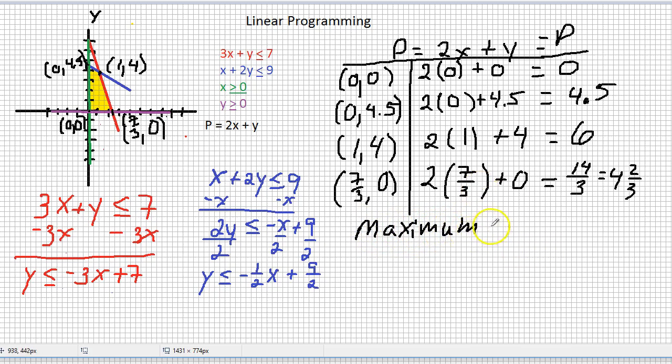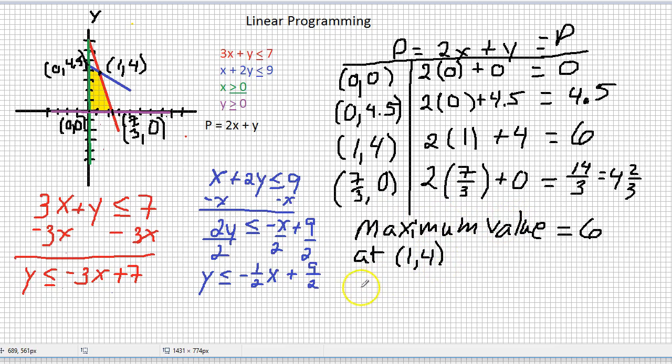Now, if we are asked to find a maximum value for our constraints, it is the value 6. Where is it found at? At 1, 4, when x is 1 and y is 4.